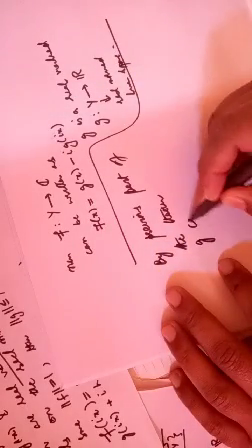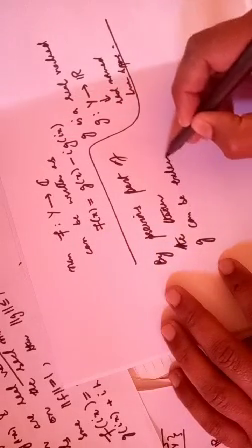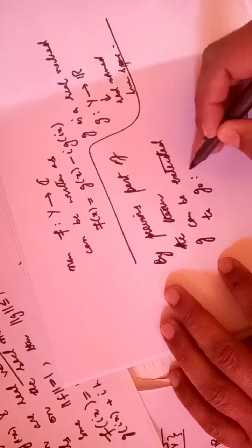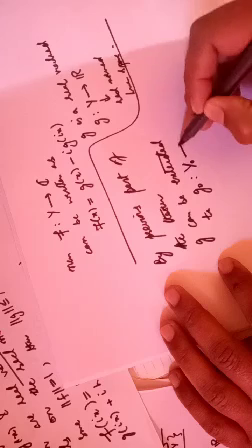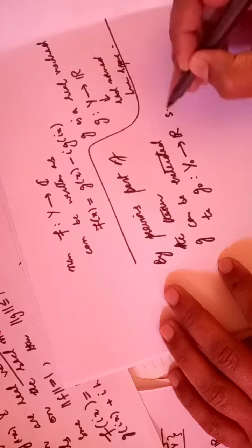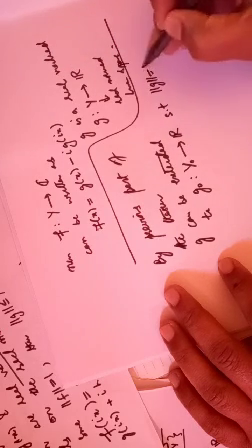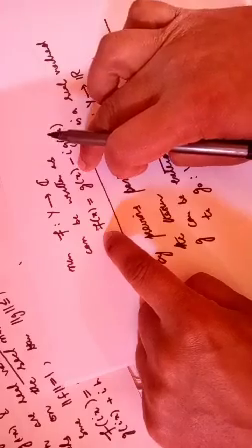So g can be extended to g naught, which is a bounded linear map from the subspace y naught to the set of real numbers, such that norm of g is equal to norm of g naught. Now, but we have to extend f, right? We can extend g because it's a real functional. We actually have to extend f, but we have to extend f as a complex valued functional from y to y naught.